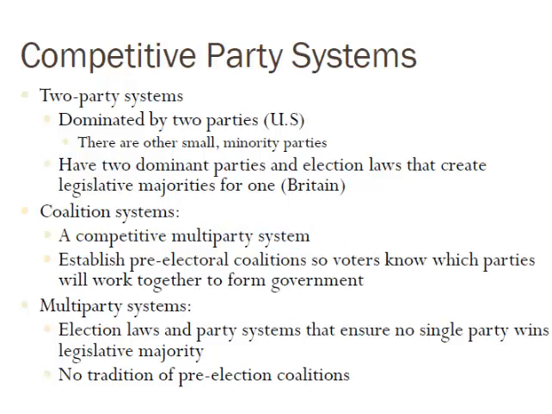In other words, you have many different parties that are going to be part of the government, and they establish pre-electoral coalitions, so voters know which parties will work together to form the government. Like in Israel, for example, you need to have a coalition of parties that equal 61 seats altogether in order to form a government. That might be the Likud party and the Bayit Yehudi party and, what do they have now? Now it's the Yesh Atid party and a few other parties that form the coalition. But again, that can change dramatically.